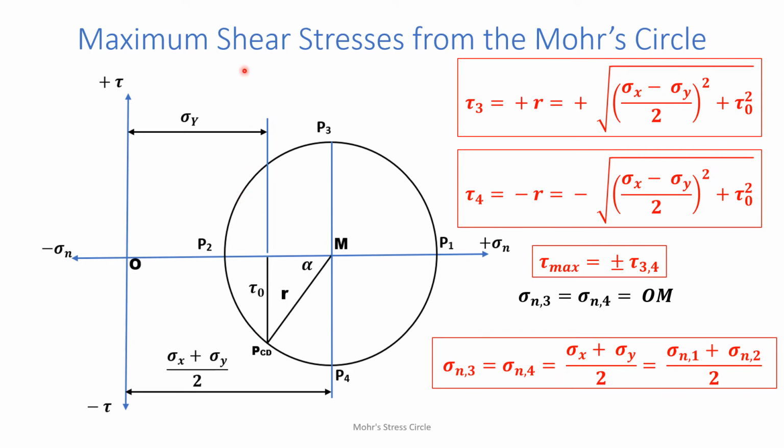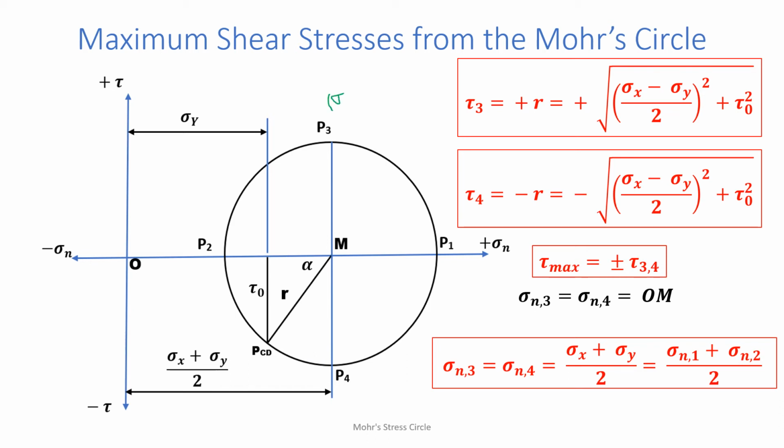Now, maximum shear stress. We observe that there are 2 points, P3 and P4, which represent corresponding planes in the actual point under stress, for which the y ordinate is maximum. For this it is maximum positive, which is equal to the radius. Similarly here the value is the maximum but the sign is opposite, so these are maximum shear stress planes.